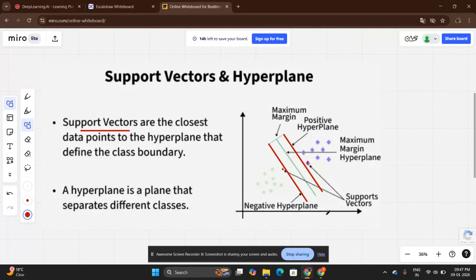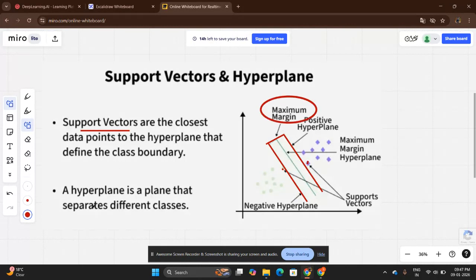So this one and this one are the support vectors that define the class boundary, and the distance between these two boundaries is called the margin. Just remember this distance is called the margin, and in support vector machine, the main aim is to maximize the margin.